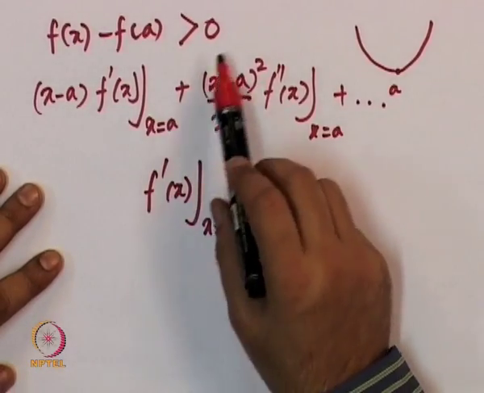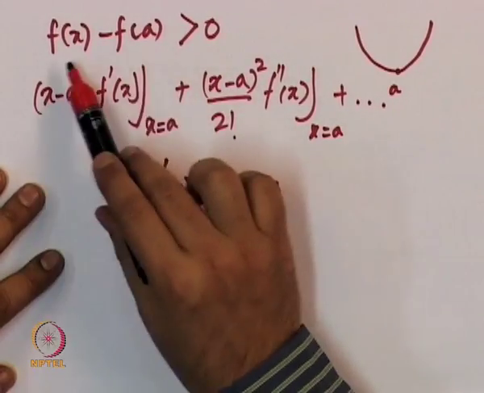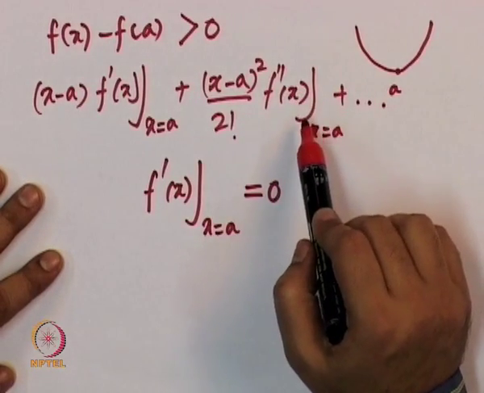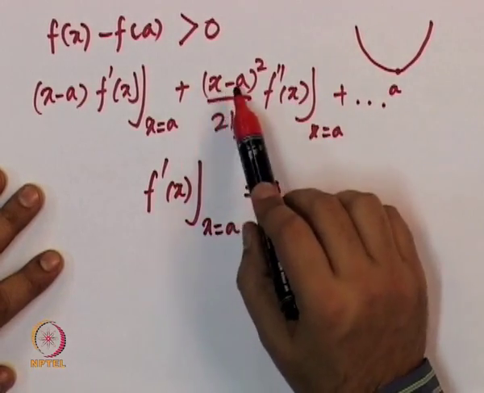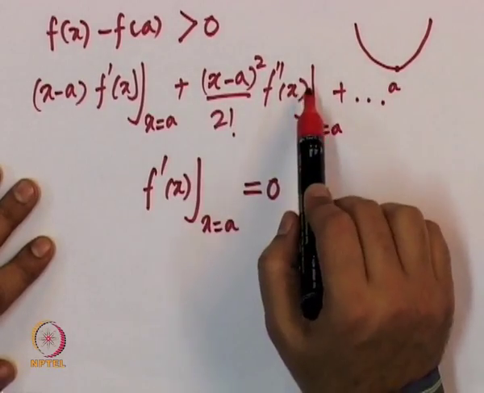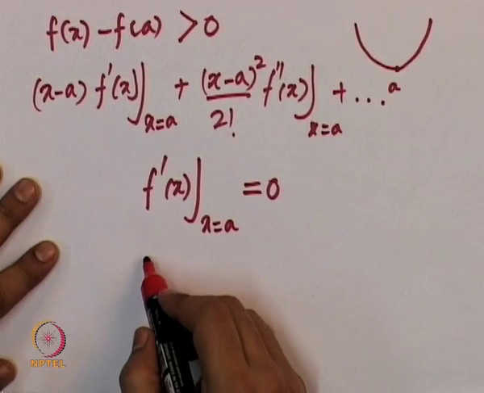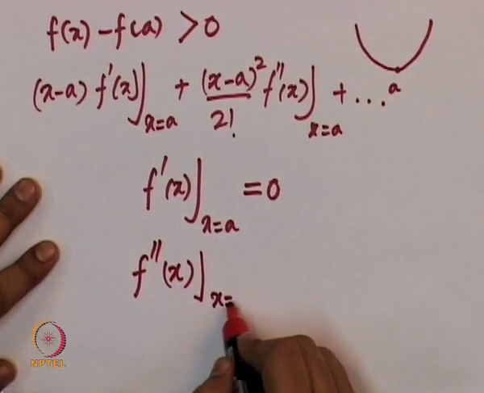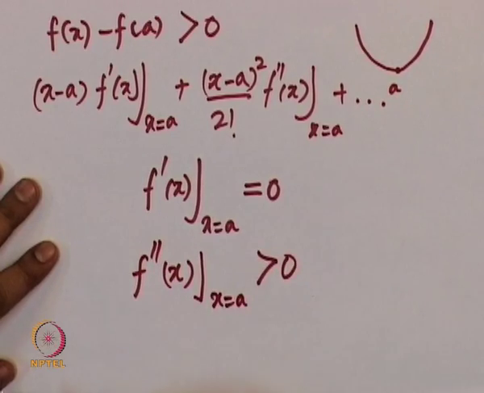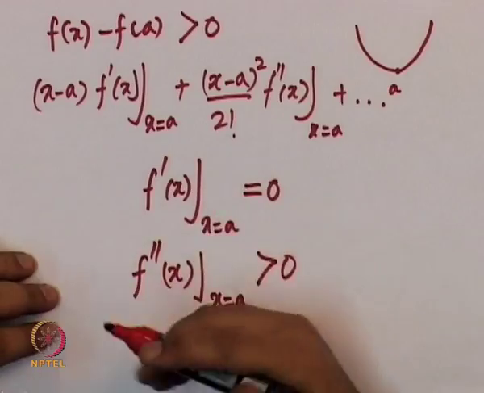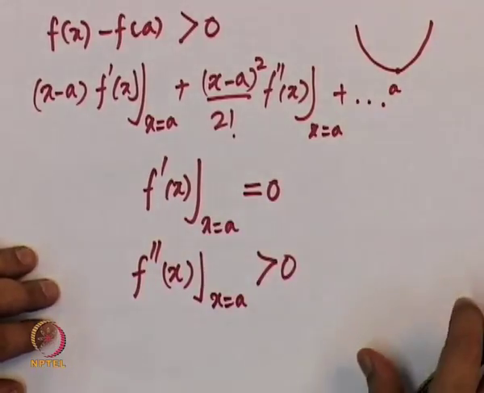And because this coefficient is always positive, the sign of f of x minus f of A is determined by f double prime of x, provided you choose x small enough that higher order terms can be neglected, in which case f double prime of x should be greater than 0 for this to be a minima. So, these are conditions that you can derive from a simple Taylor series expansion.